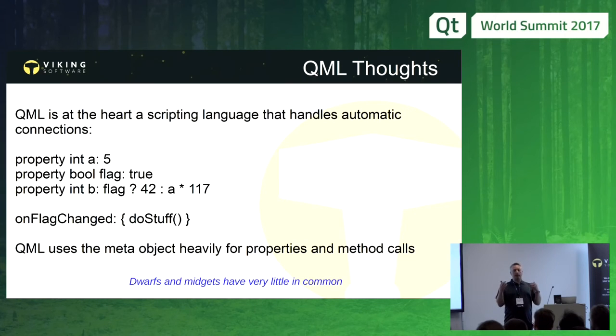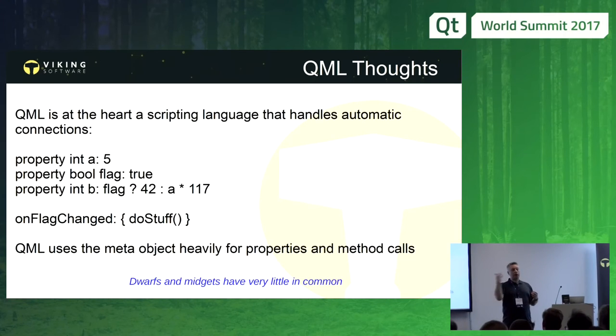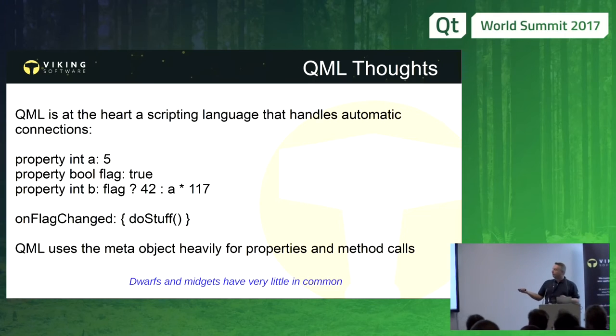There's no reason to actually go into the details of how it really works. It's much simpler to just think about it as a simple signal and slot situation. That's how I think about QML. I know it's actually implemented in a slightly different way, but that's all you have to do to think about it. So we also have a handler.